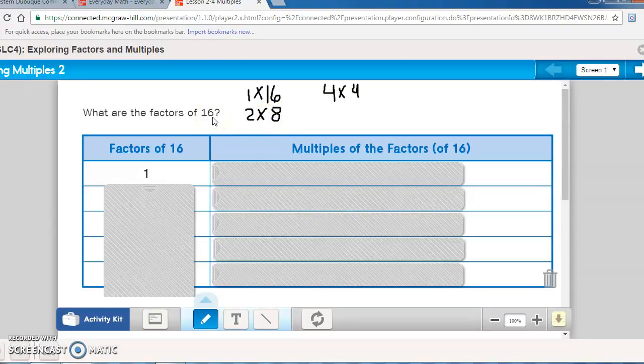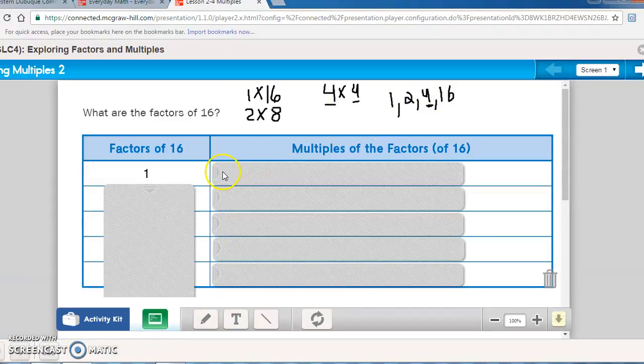So I'm back where I started. So my factors for 16 are 1, the number 2, the number 4, and the number 16. Even though I have 4 written down twice, I only needed to write it here once to state that it is a factor.